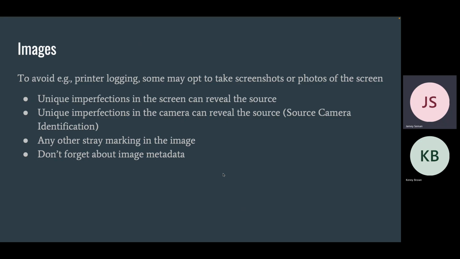There are many, many other minute imperfections that a camera sensor will have that you will not be able to detect. This whole field in forensics, if you want to dig into it, is called SCI, or source camera identification.